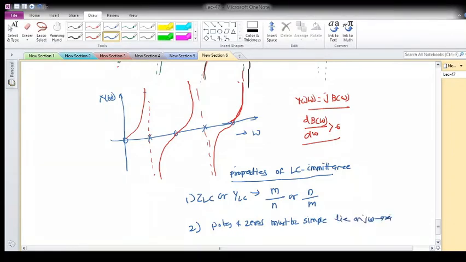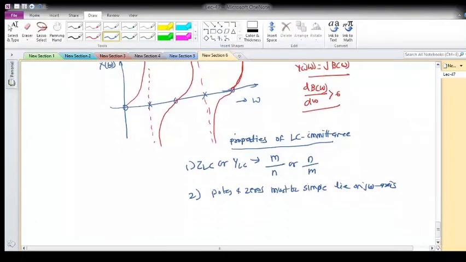This is the second property. The third property says that poles and zeros must alternate or interlace, on the j omega axis.